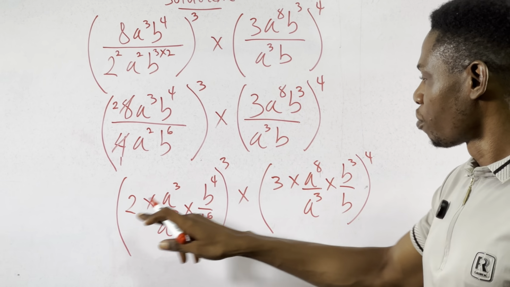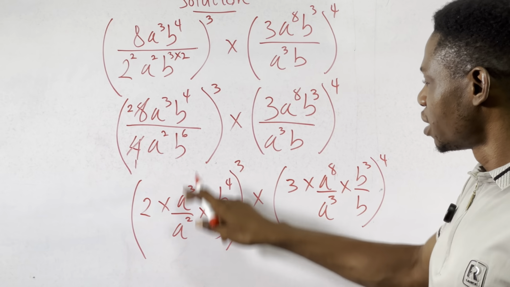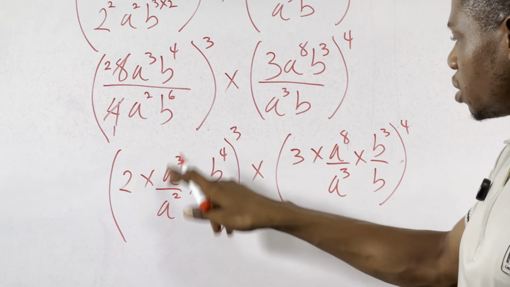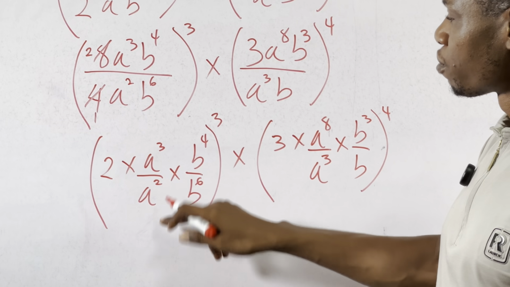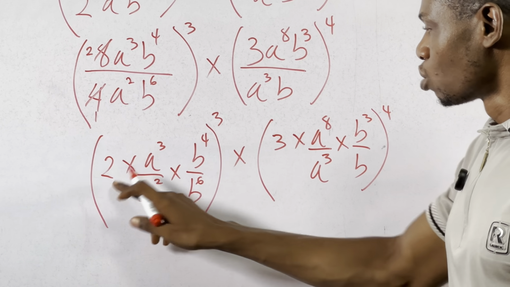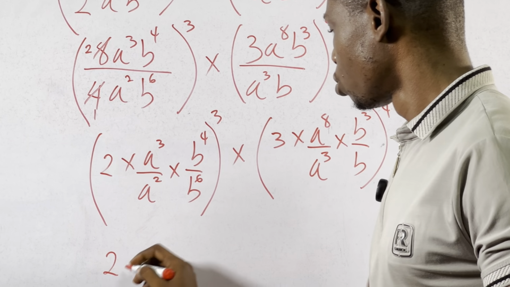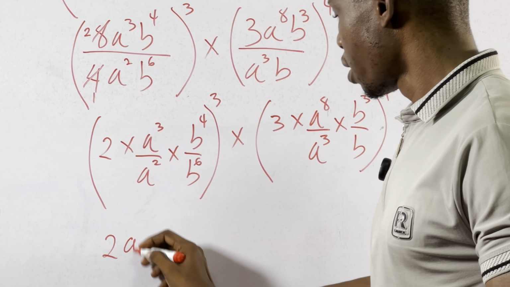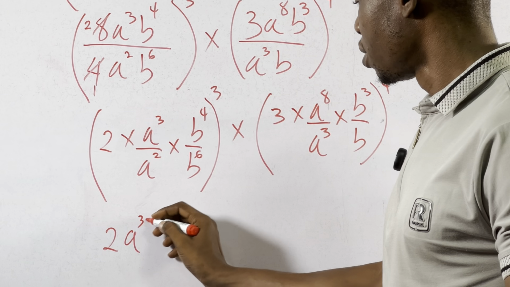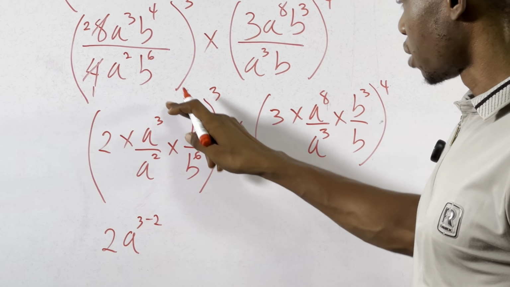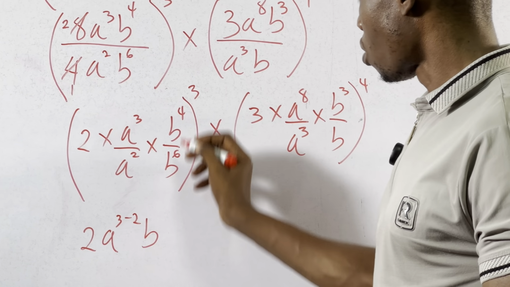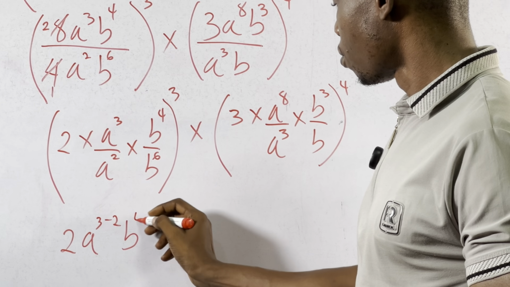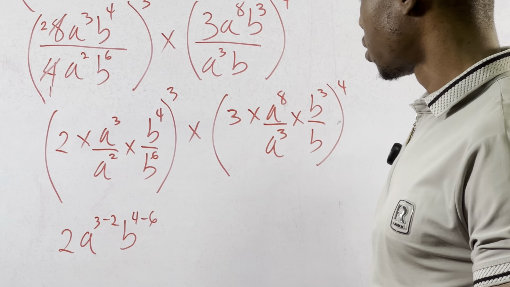Okay, now the law of indices says when you are dividing numbers with the same base, you subtract the powers, that of the denominator from that of the numerator. So this gives us 2a raised to power 3 minus 2, the powers, b raised to power 4 minus 6.